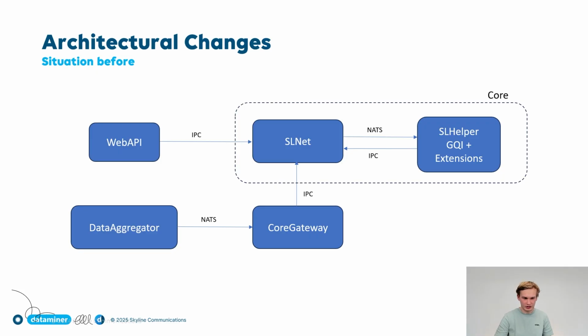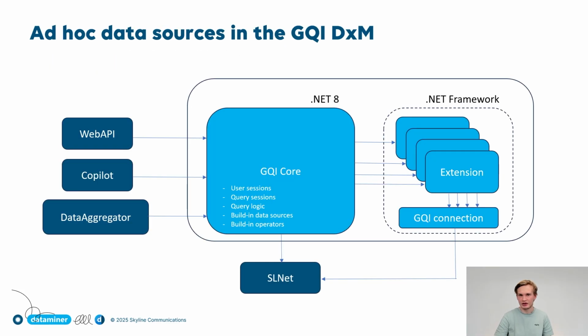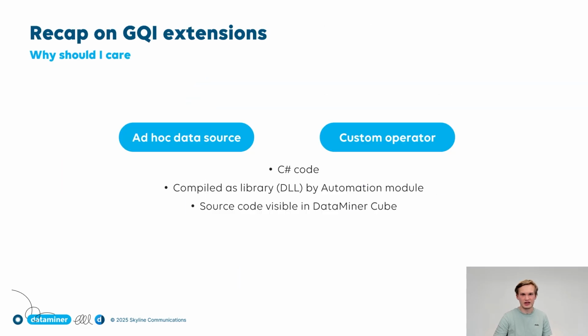It's going to be a lot easier to explain that on the architecture slides. This is mostly unimportant, but these extensions here, which is what the ad hoc data sources are, will be running in separate processes and still run in .NET Framework, while the core process itself runs in .NET 8. So those extensions.